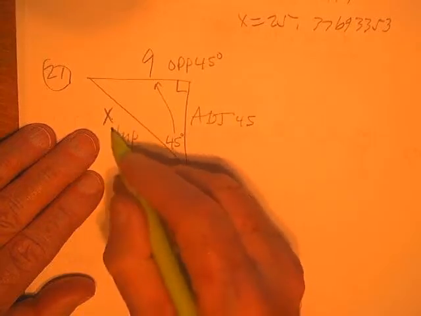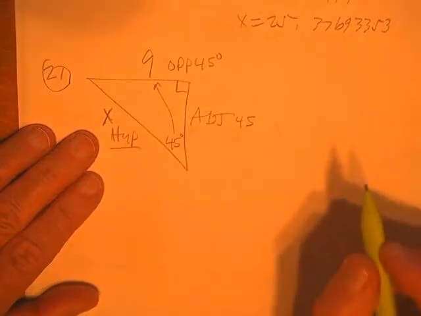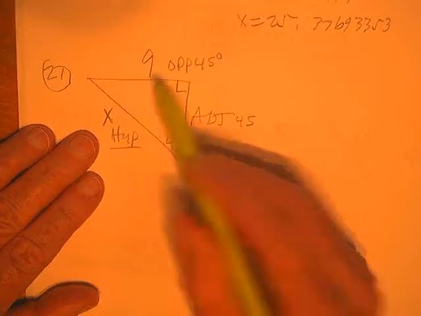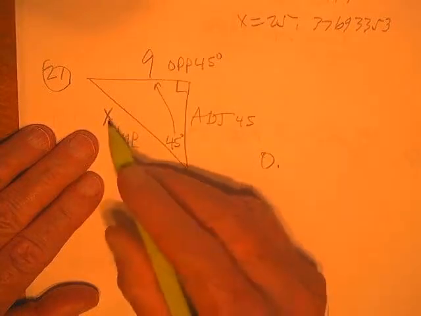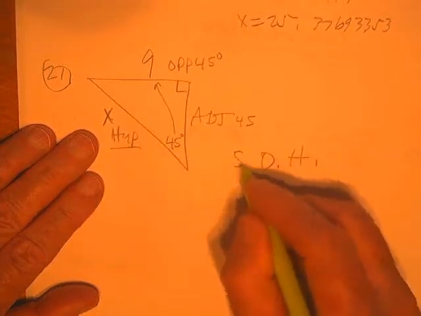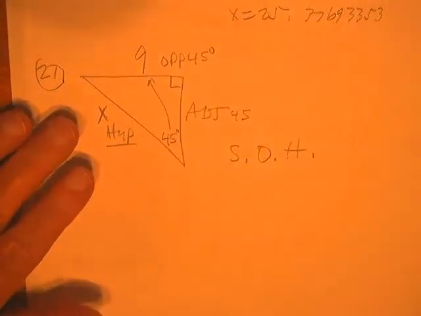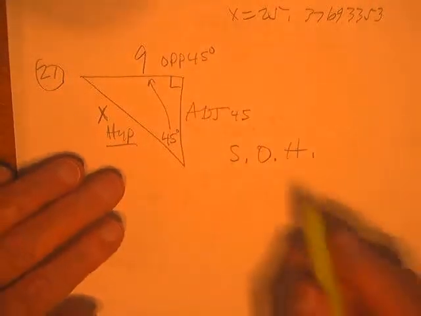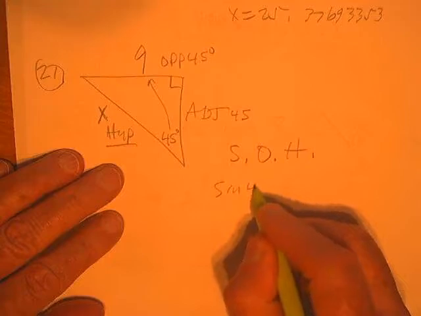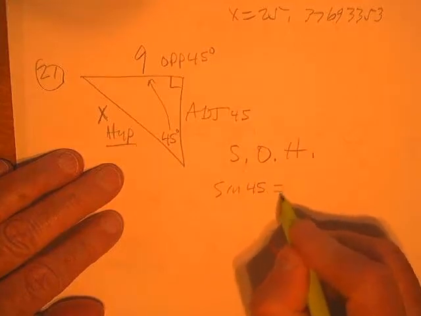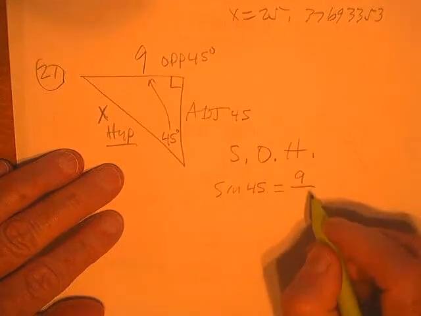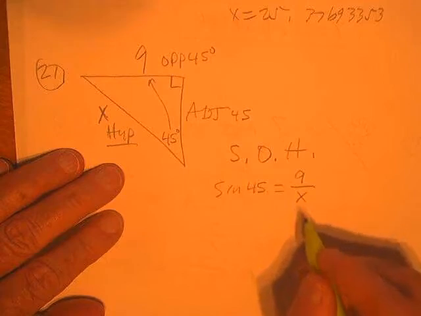This one's the hypotenuse. So let's see, we have opposite, and we want to find the hypotenuse. That one is sine. If you'll label this every time, you'll have these right and it won't be a problem. So I want the sine of 45 is equal to opposite over hypotenuse.